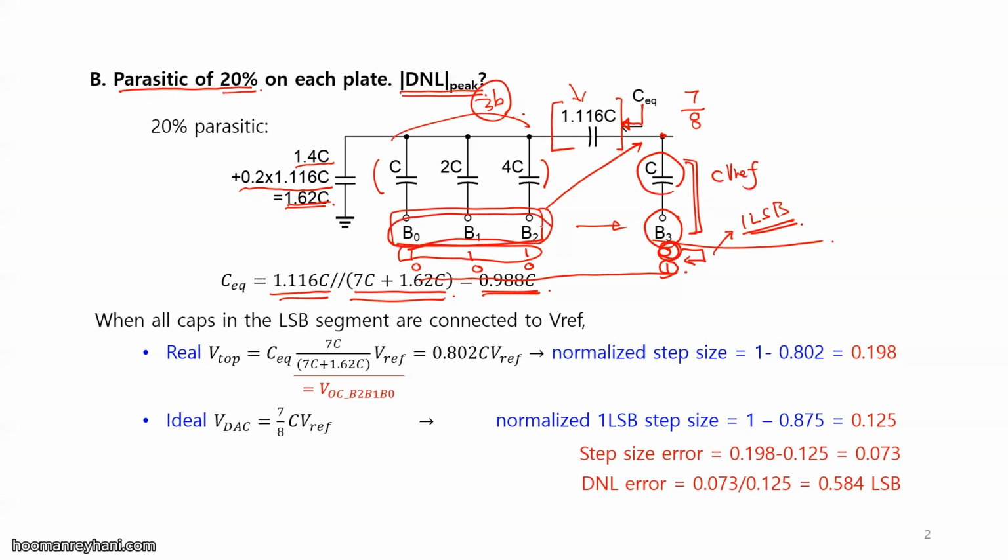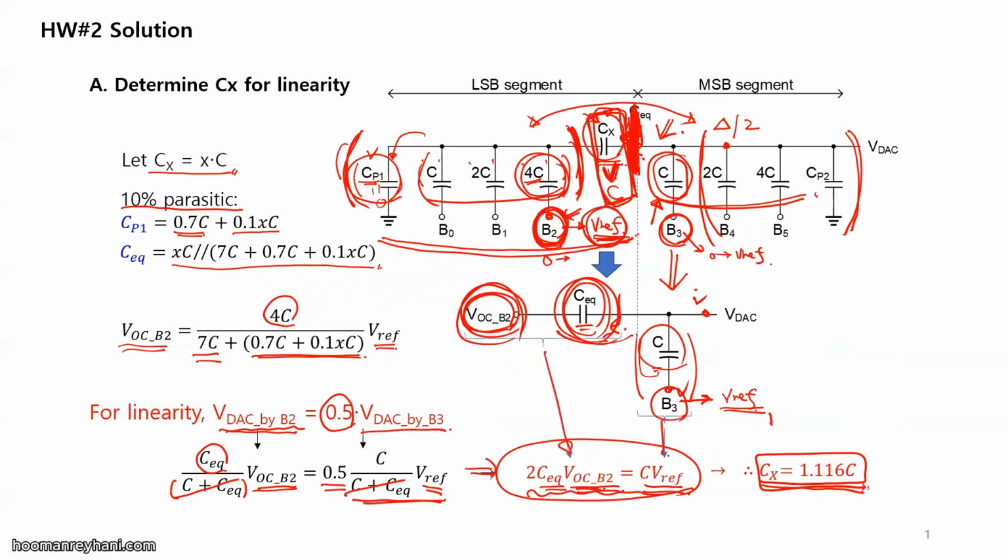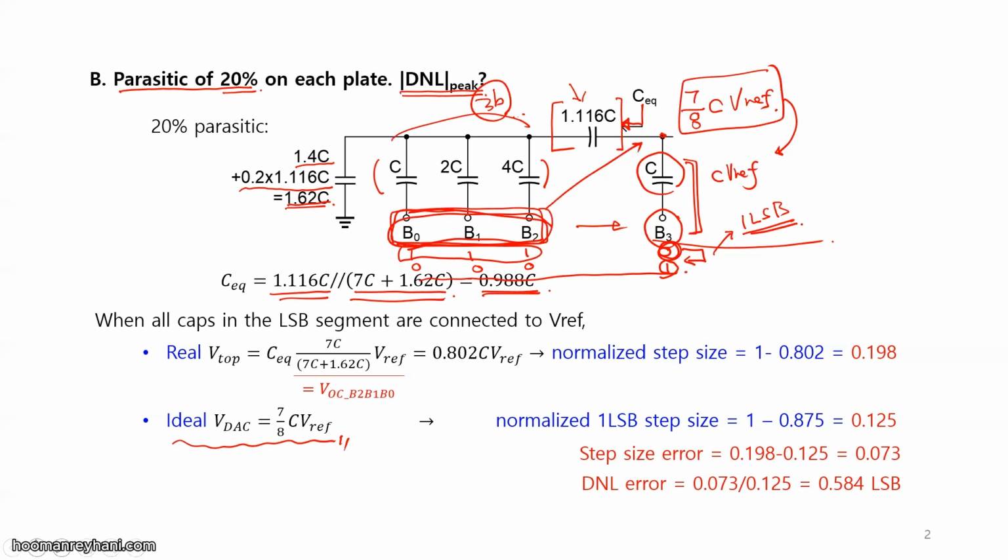Then when we connect this one to 111 or VREF, then the output voltage should be like this. So one step difference, right? So when we connect this one to VREF, the ideal value is this much. Then what is the real value? Normalized, right? Eliminating the denominator, just like we did here and here, right? Then the voltage change, well, we have CEQ capacitor, right?